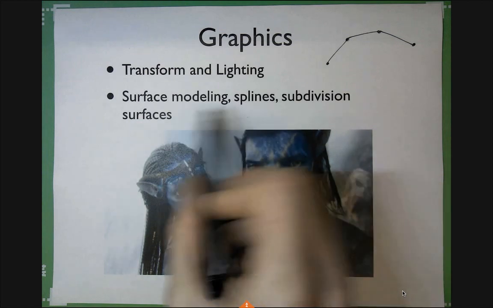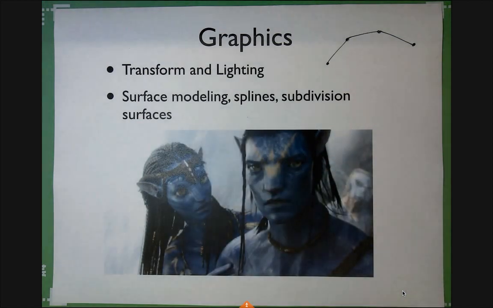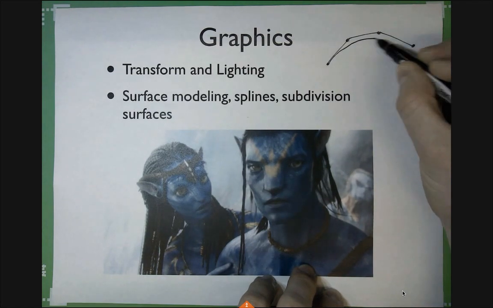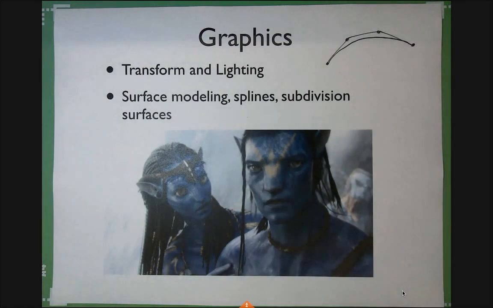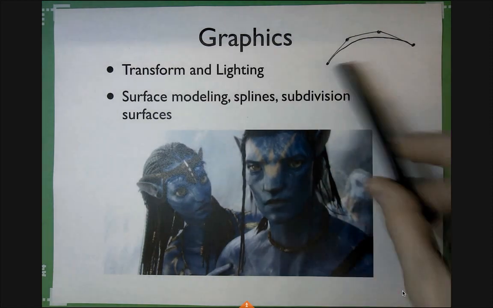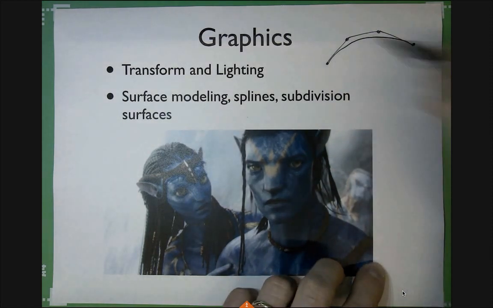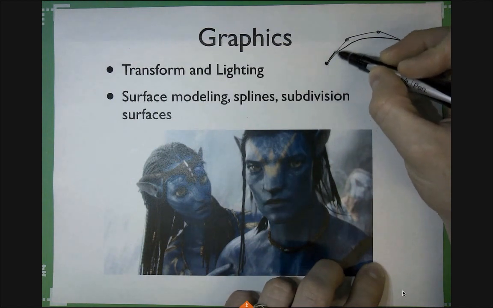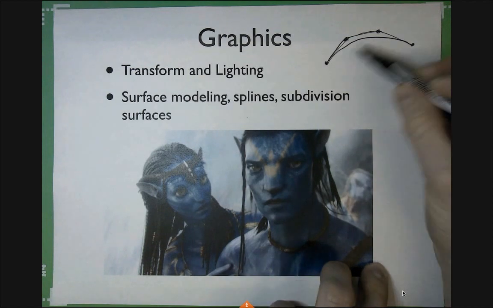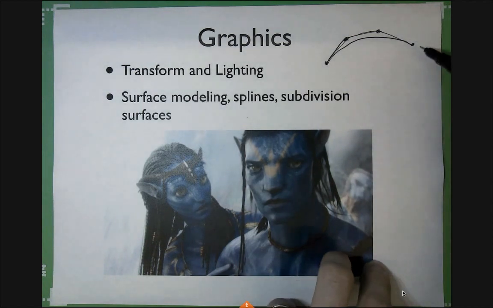And what these splines and subdivision surfaces are about is creating smooth surfaces out of piecewise linear, typically polygonal approximations. So this would be an example of an approximating spline. What an artist would draw would be something like this, just four vertices connected by lines, and the spline essentially smoothes it out.